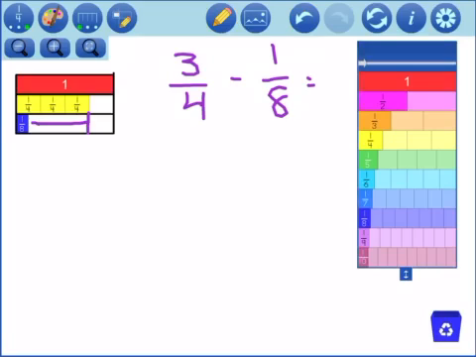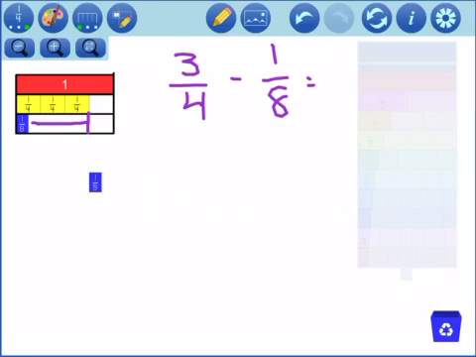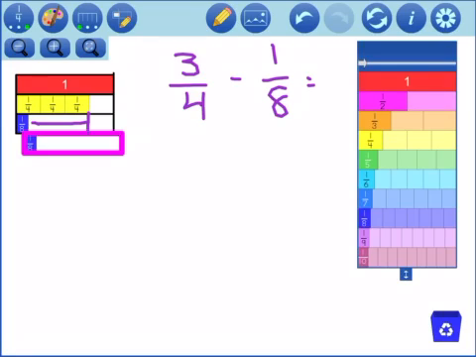So in order to do this, we're going to do very similar to what we did with the addition. I'm going to then place in my eighths, and I'm actually going to put them underneath. It's not quite lining up the way I want it to. So let's do this.